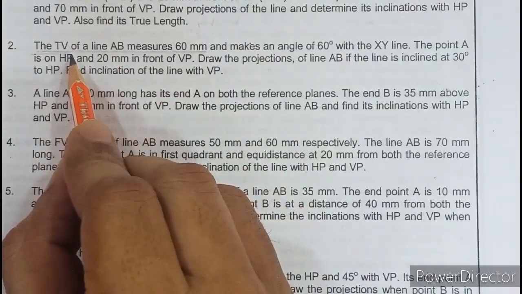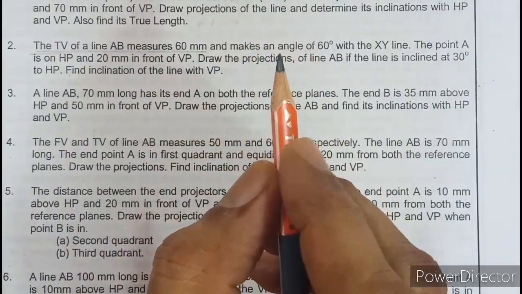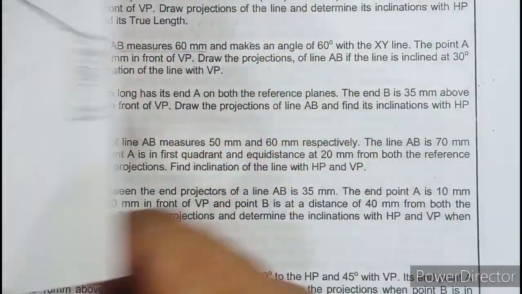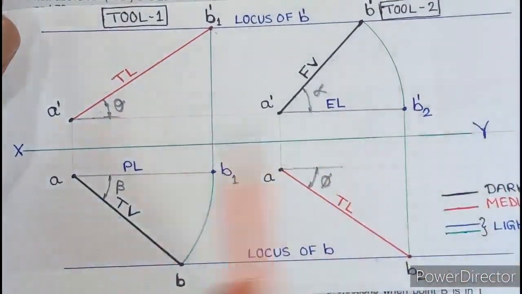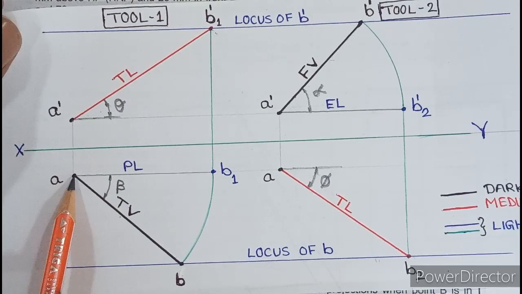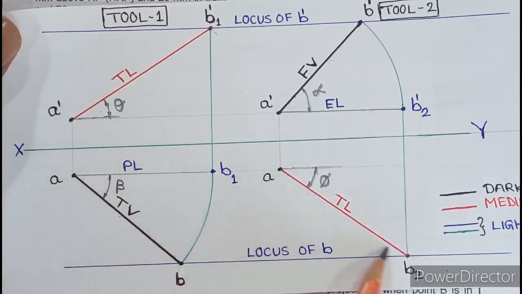It is clearly mentioned that the top view of a line AB measures 60 mm. So it is the top view length AB which is 60 and not the true length.